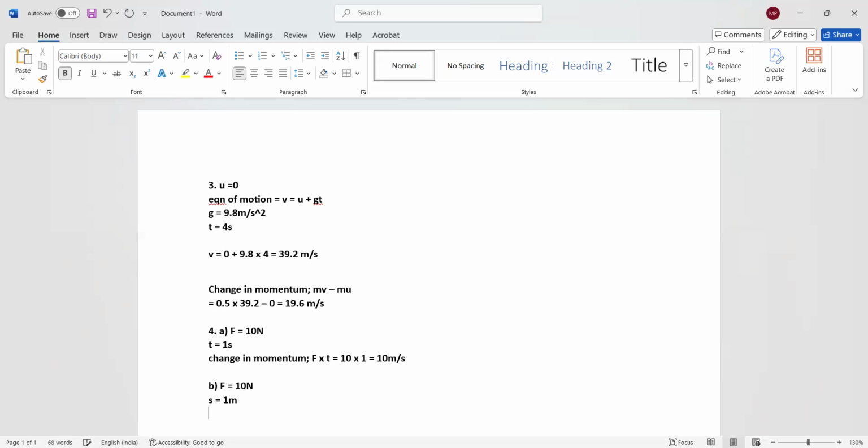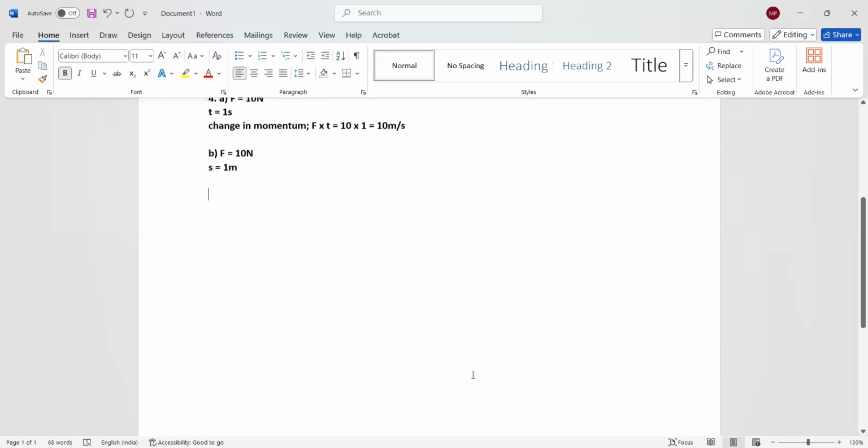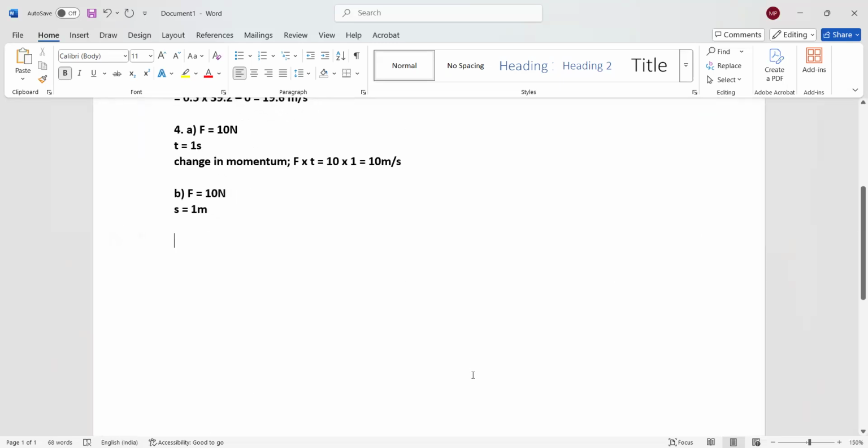So there is an equation like V square is equal to U square plus 2AS.